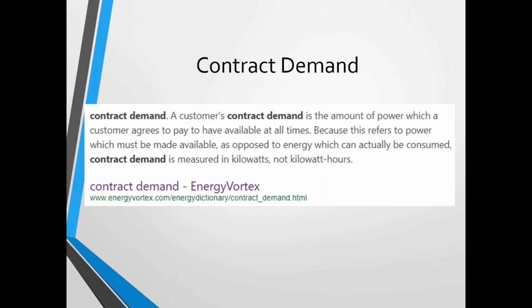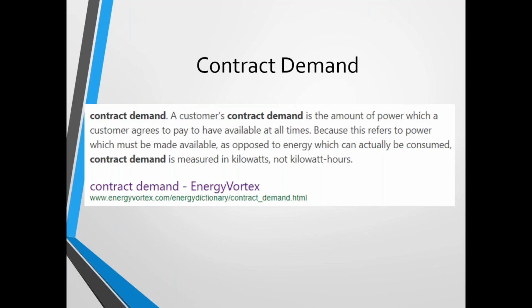A contract demand, sorry, I just took this definition off the internet. Different customers are assigned different contract demands by some utilities in some rate classes. It's not everywhere, it's not here, but that's the amount of power that they agree to have available at all times.